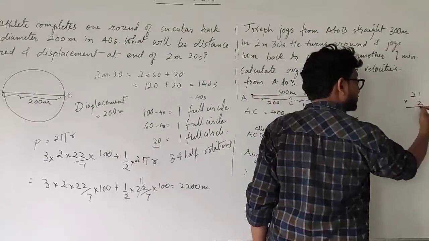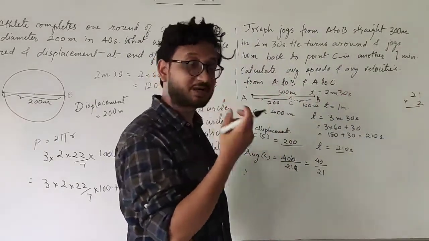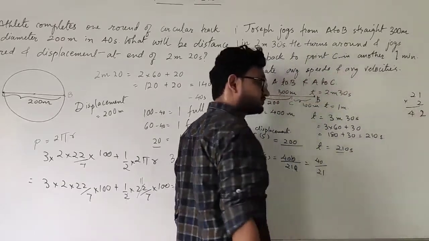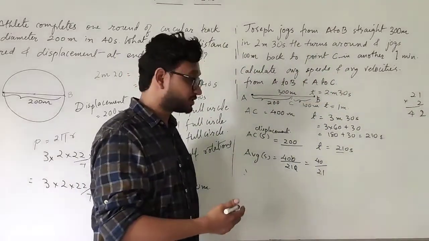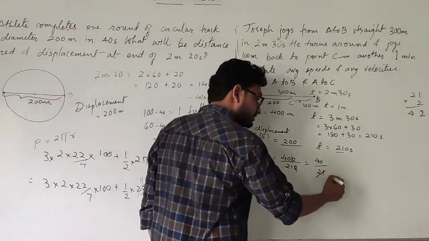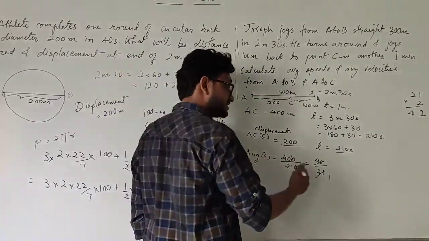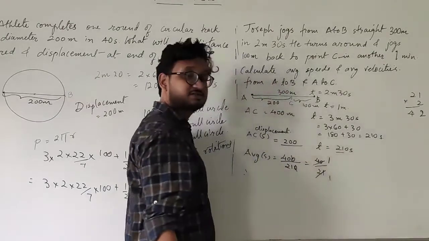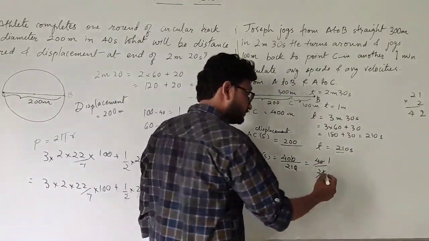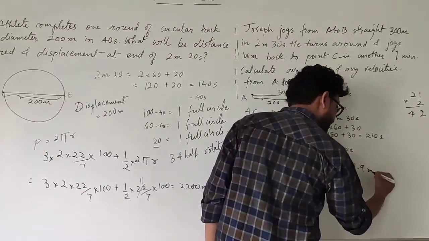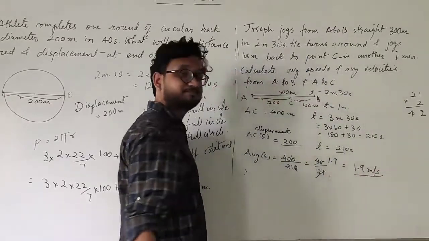If you don't know the table for 21, you can simply multiply it like this. 21, 2 twos are 4, so it becomes 42. It is not possible to cut this, so you can simply do the approximate values like we did in the previous example. Once you solve it, you will get around 1.9. So the answer is 1.9 meters per second.